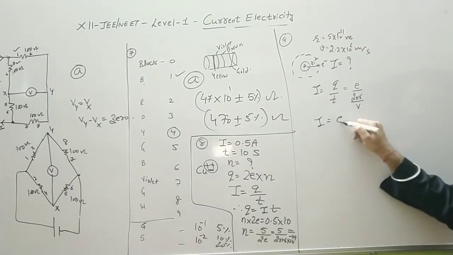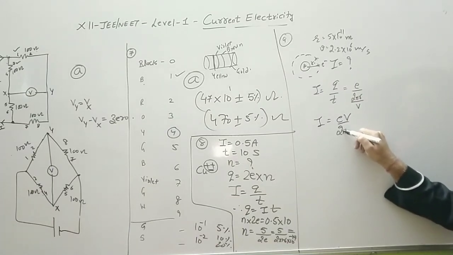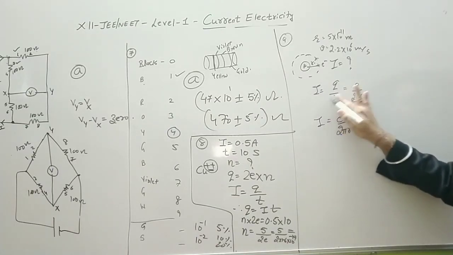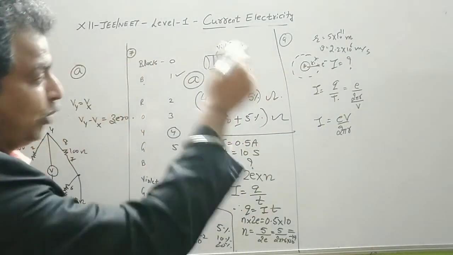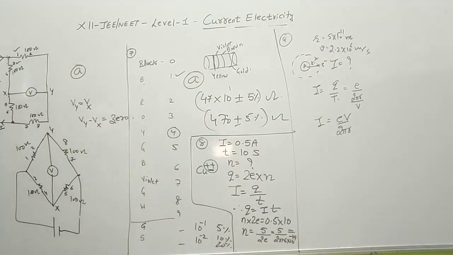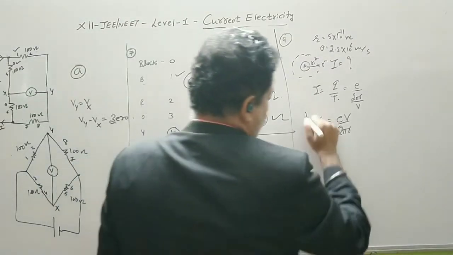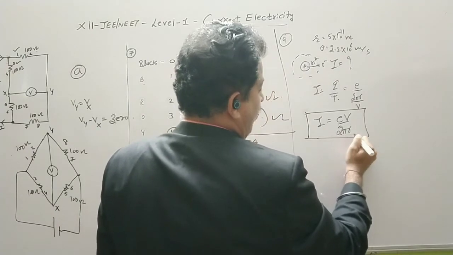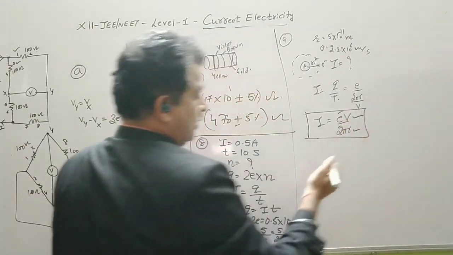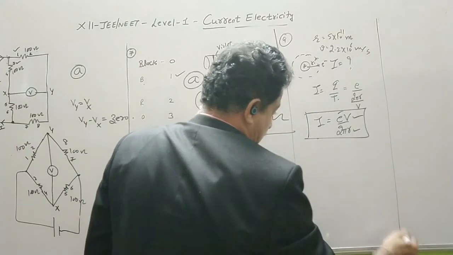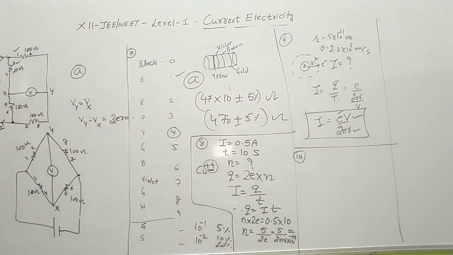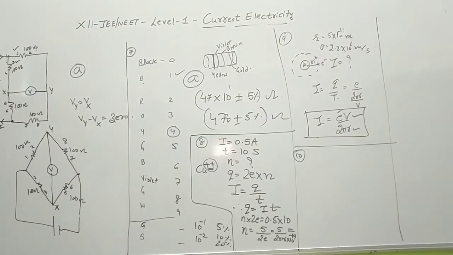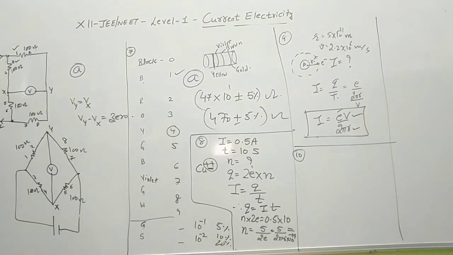So I is equal to e v upon 2 pi r, where T is the time taken to complete one rotation of the electron around the nucleus. Radius is given, speed is given, e is also known to us, and we did this in our theory portion also. You substitute the values and find out the correct option from the given options.